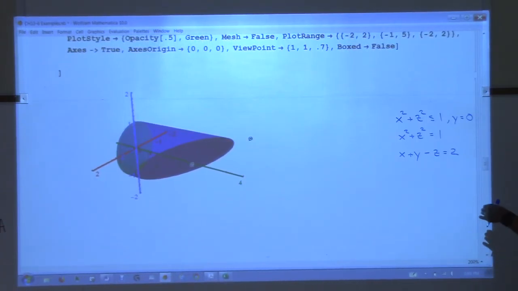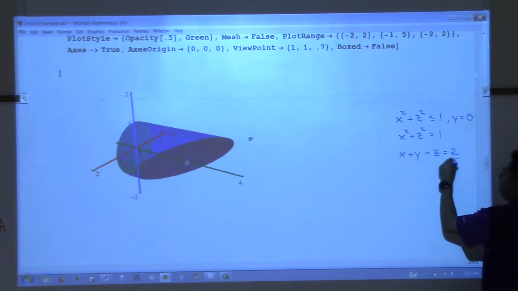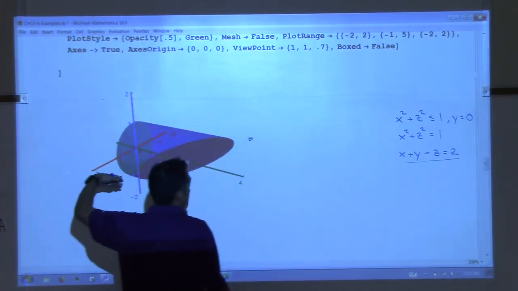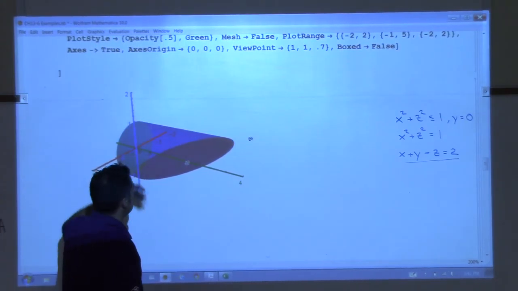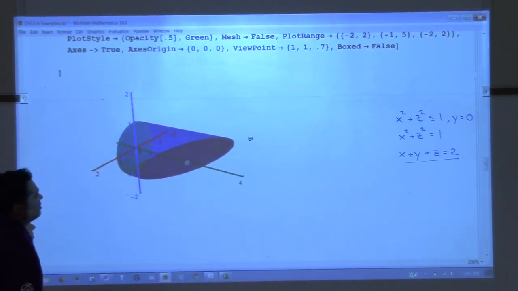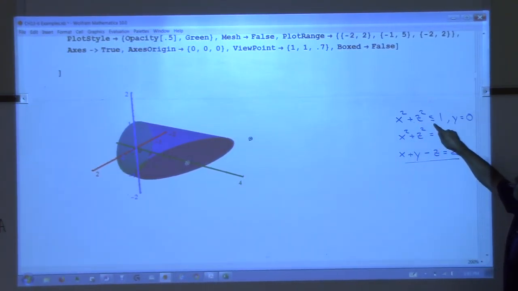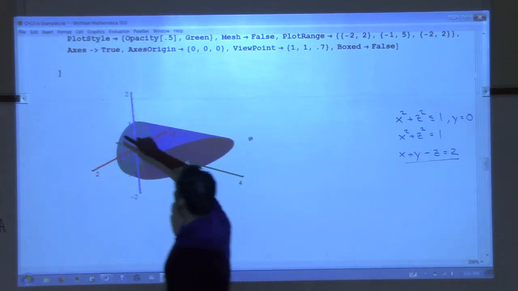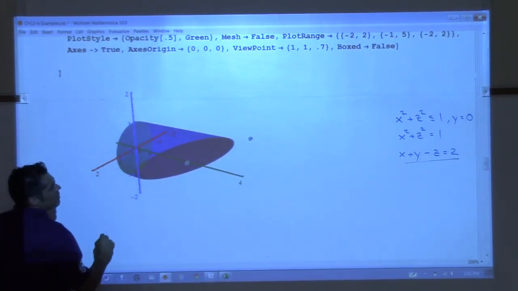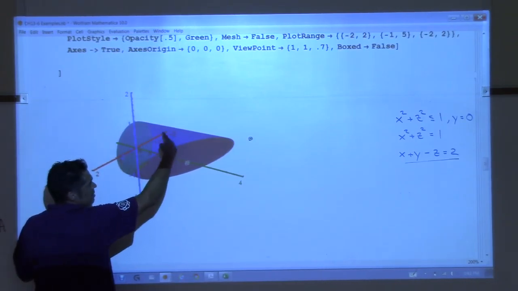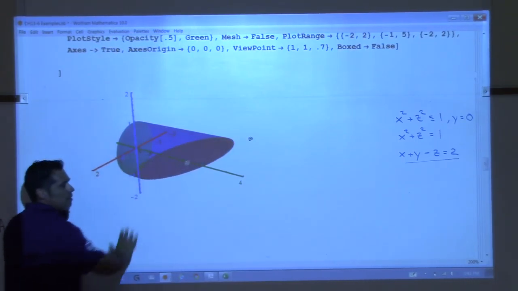It's got an angle to it, and that angle is controlled by that plane right there. It's like this plane is cutting through, like this. So x squared plus z squared less than or equal to 1 with y being 0 is the back cap. The x squared plus z squared equals 1 is the blue part, and then the plane is this part.